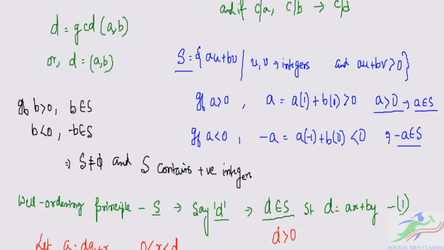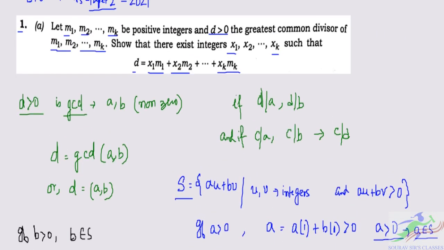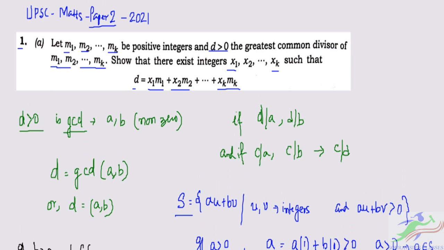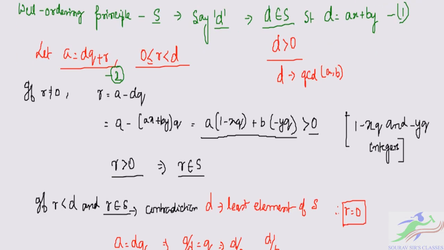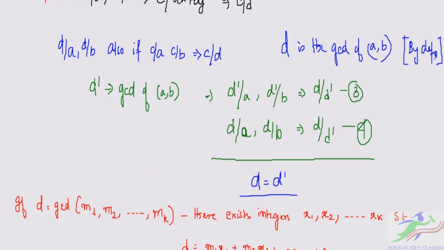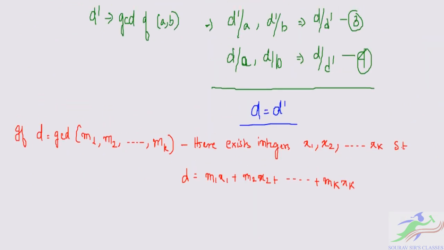So here is the question: show that there exist integers x1, x2 up to xk such that D is equal to this. So we have proved this. How does this happen? Since D is equal to D prime, it can be extended for more than 2 integers.